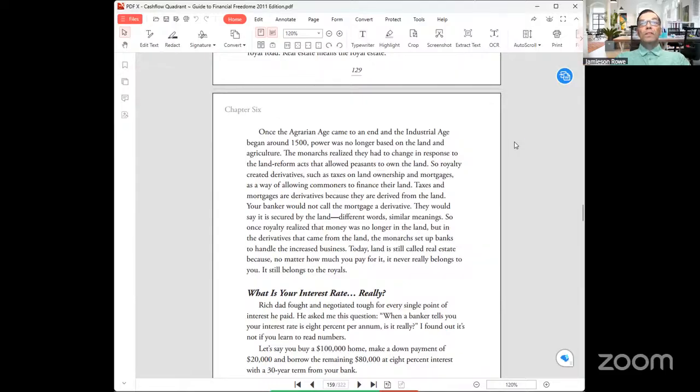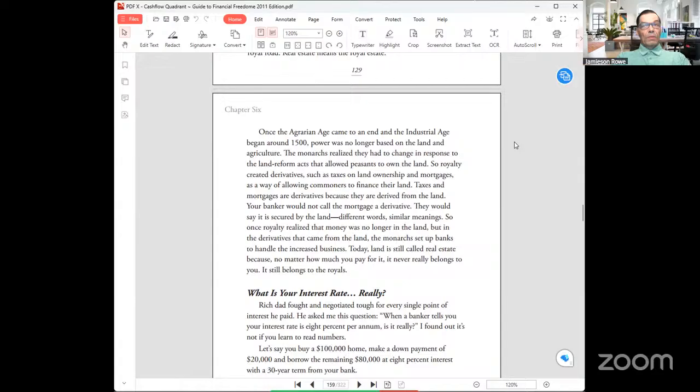So royalty created derivatives such as taxes on land ownership and mortgages as a way of allowing commoners to finance their land. Taxes and mortgages are derivatives because they are derived from the land. Your banker would not call the mortgage a derivative. They would say it is secured by the land.